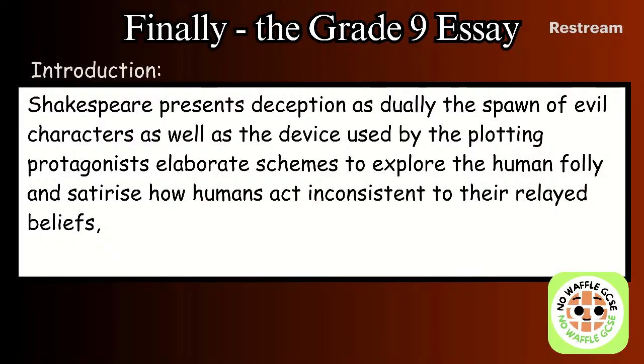Hopefully you understand what this means, how humans act inconsistent to their relayed beliefs. For example, they think they're morally perfect, but then they're going to use deception to get people together, and that will affect their whole married life. They'll be together for the rest of their life, and you're going to do that and still claim you're being moral. Okay, so hopefully that makes sense.